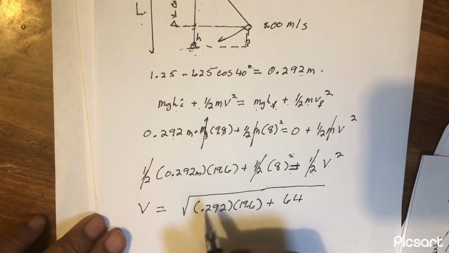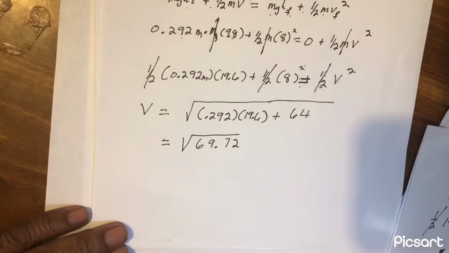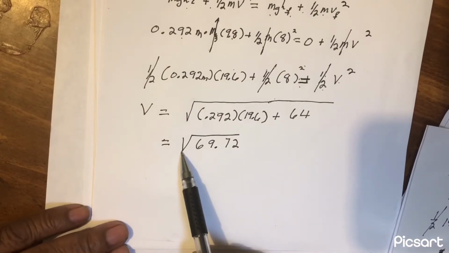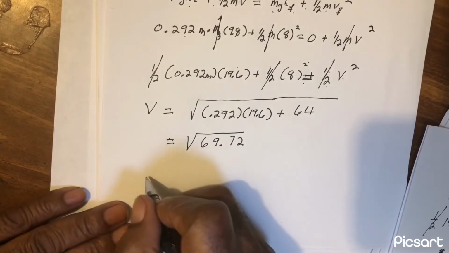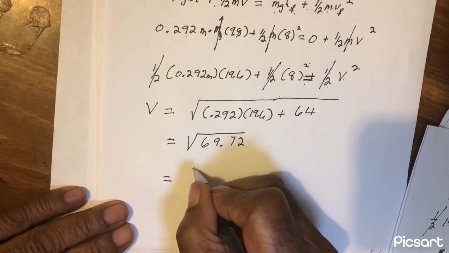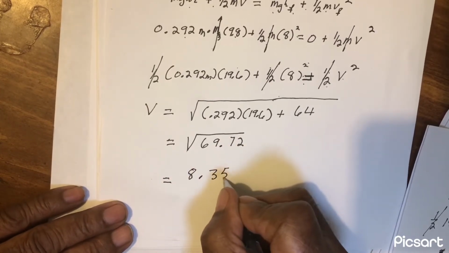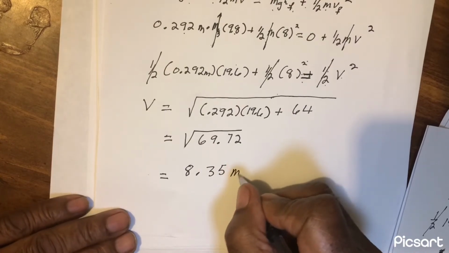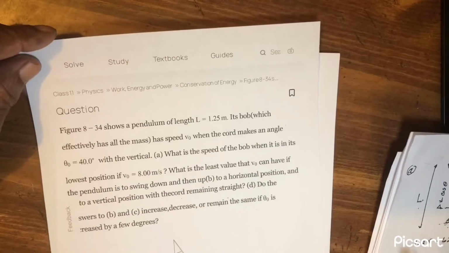And that's equal to the square root of 69.72, which equals 8.35 meters per second. And that's our answer.